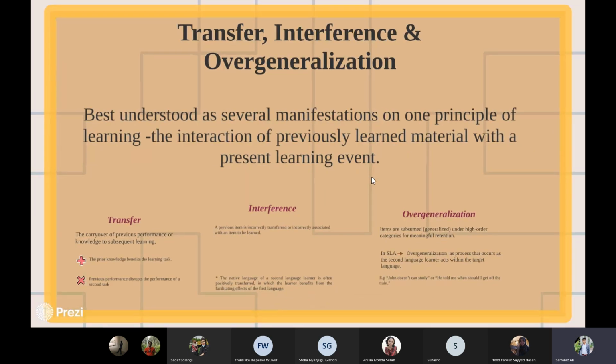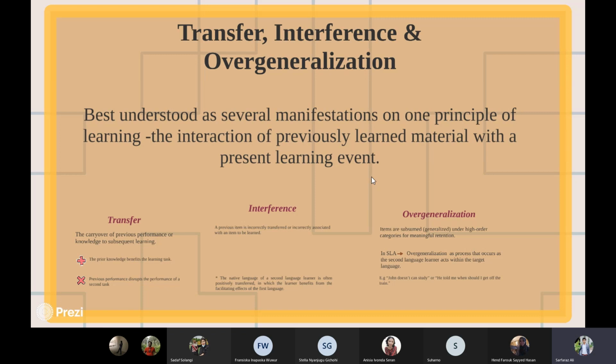Last but not least are three terms mentioned in the book. One is transfer, second is interference, and third is generalization. These can best be understood as several manifestations of one principle of learning, and the interaction of previously learned material with the present learning event.